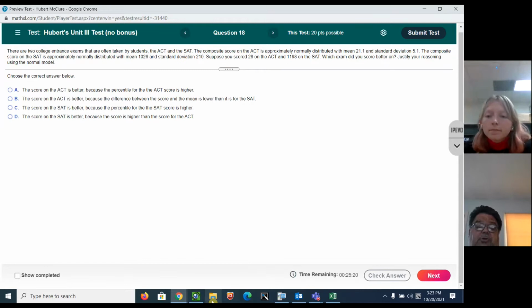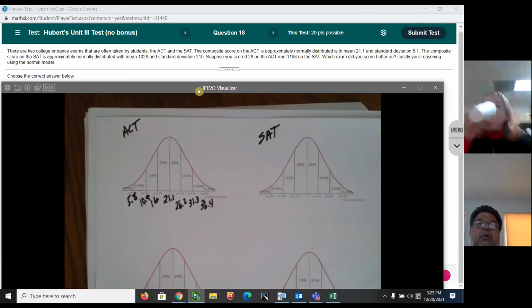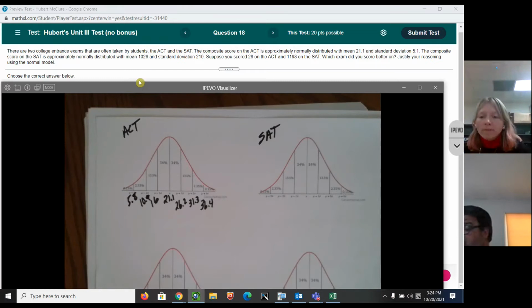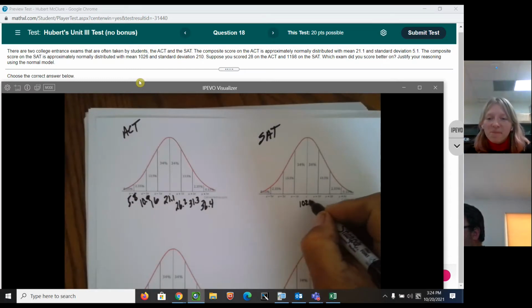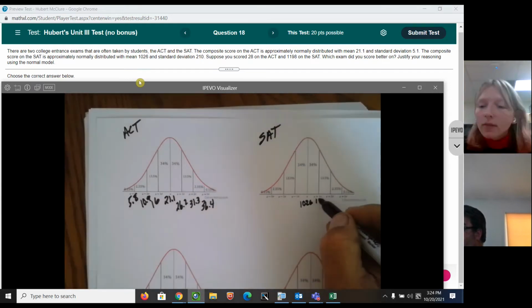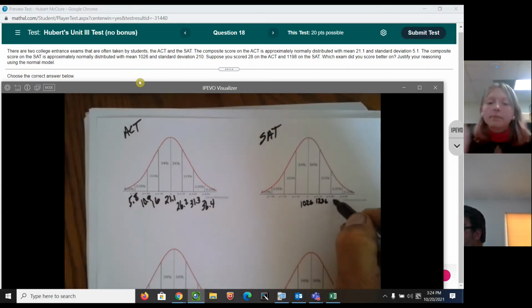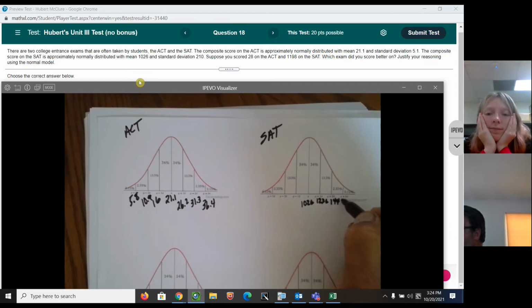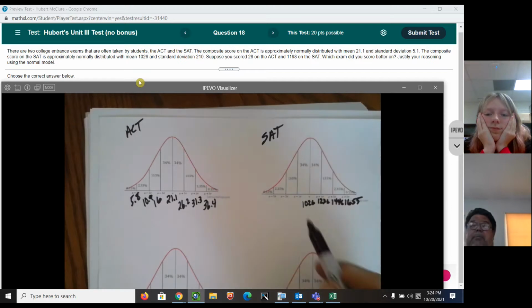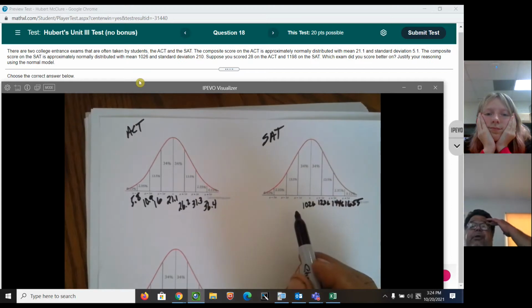And then the SAT, let me put these up here so you can see it. The SAT, 1026, oh, this is even better. 1026 at 210. So that's going to be 1236, 1446, and 1656. And I can't do 210 backwards.